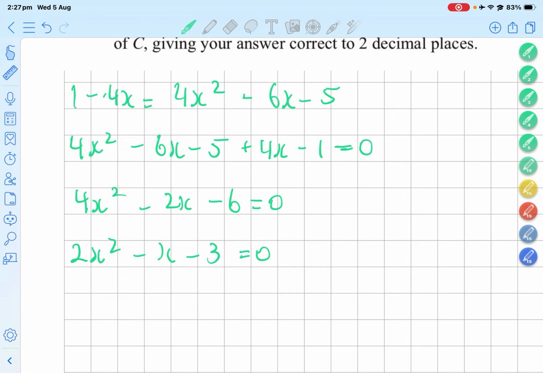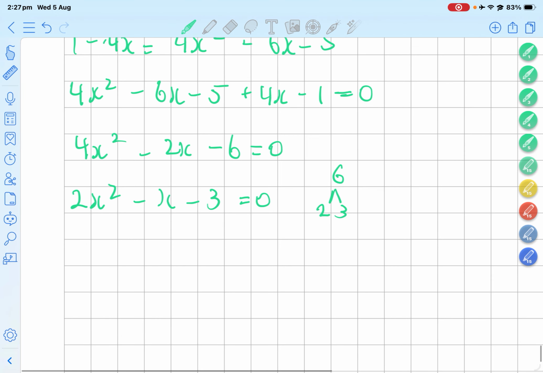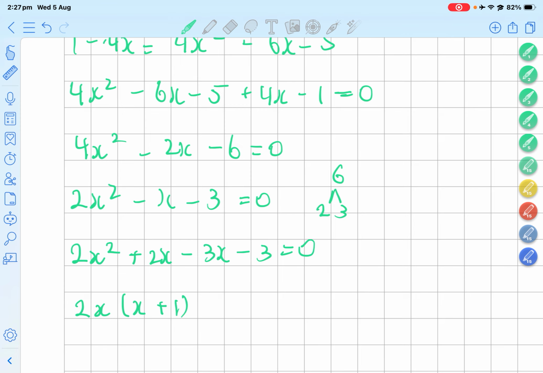Now 2 times 3 is 6, and the factors 2 and 3 work here, so you could do 2x squared plus 2x minus 3x minus 3 equals 0. You can factor out 2x from the first two terms to get x plus 1, and for the others factor out minus 3 to get x plus 1.